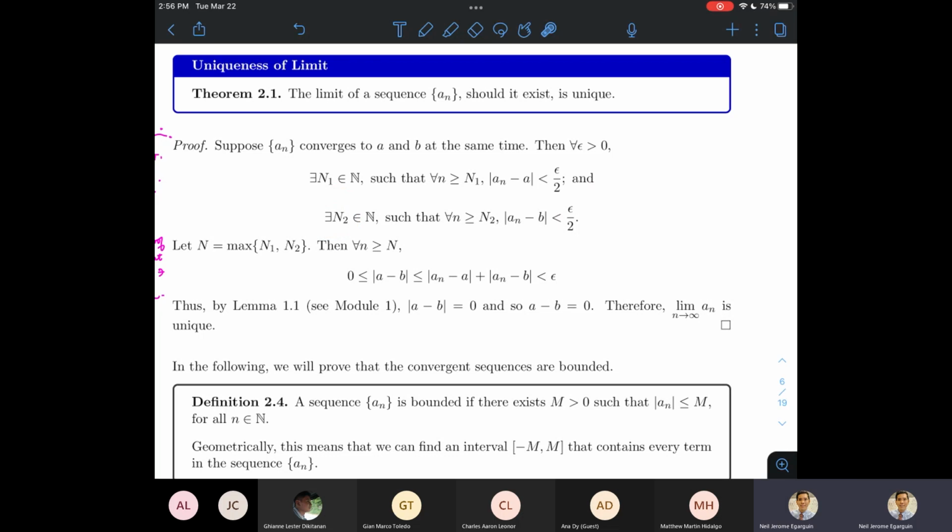Kasi yung convergence ni AN kay A ay nakadepende sa inequality na to. And we need to find sufficiently large indices such that this inequality is true. Dahil yung pangalawang inequality ay nagsasabi ng something about the limit B. So therefore, hindi natin sure na yung starting index na N1 para kay A ay mag-hold pa rin sa starting index na N2 para kay B.